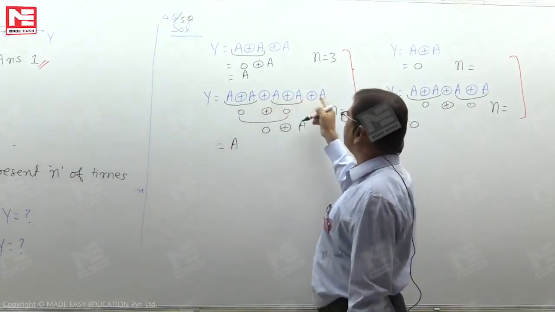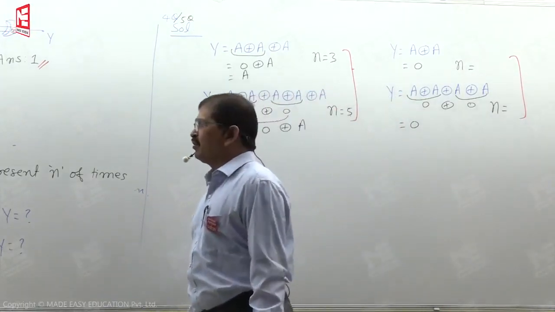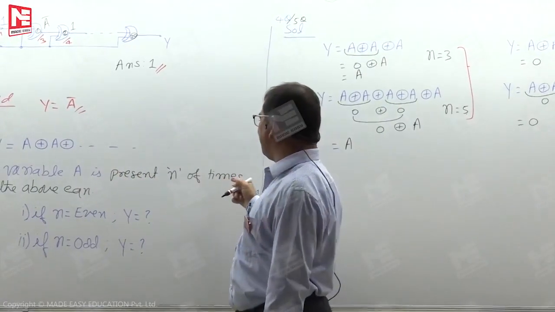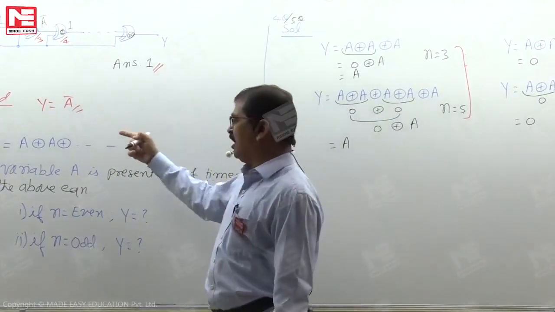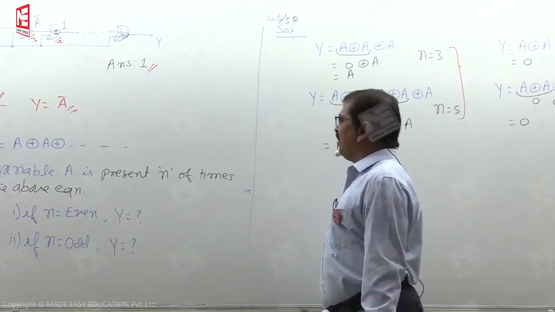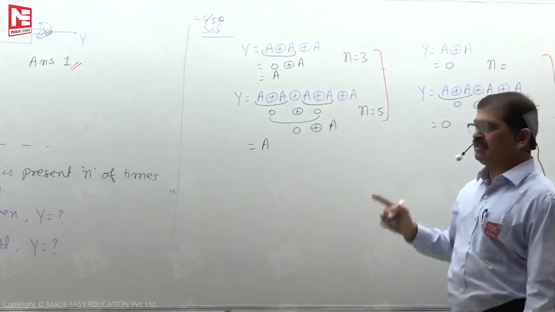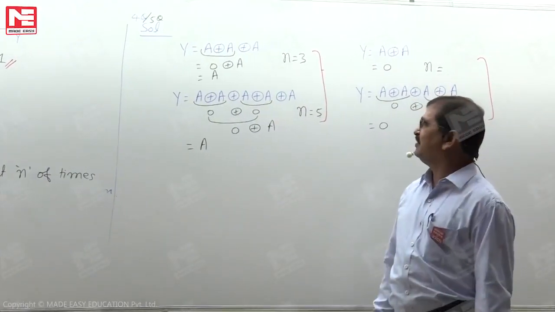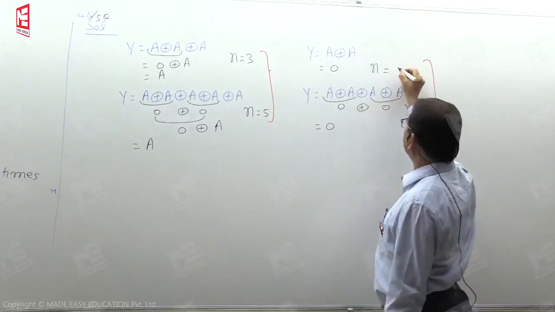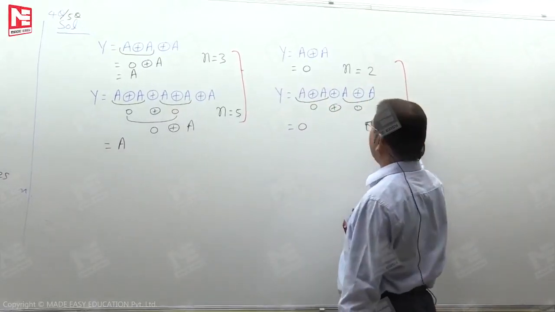Variable A is present here 5 times, it is 5. Similarly, here variable A is present 2 times. Here variable A is present 4 times.